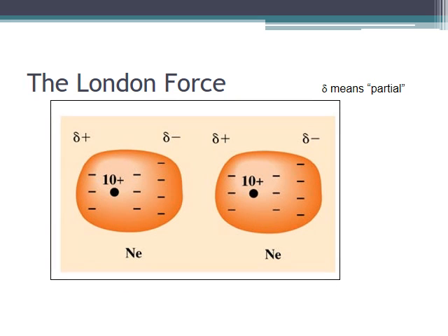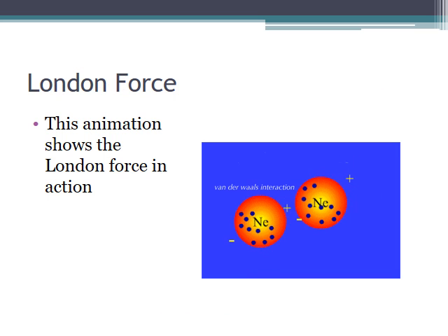If another neon atom approaches, that small negative charge will attract the positive end of other neon atoms. So we get a very weak intermolecular force, a weak attraction between these two atoms. Now we know this is very, very weak because the boiling points are low. We'll see that on the next slide.